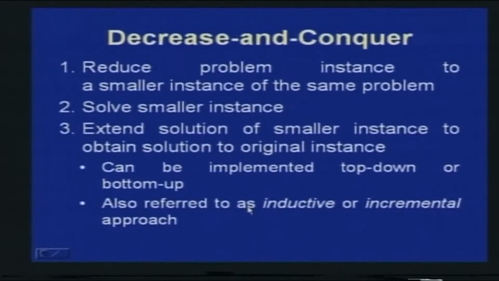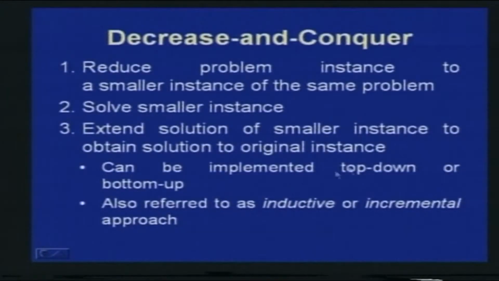I hope you know what is meant by top down. You can start from the original big problem, divide it and come down, or you can start from smaller problems, build it up and go to the original, and that is called bottom up. The other one is top down, when you start with a major problem, keep dividing it, and find the solution after division. Here you solve a small problem and go up.